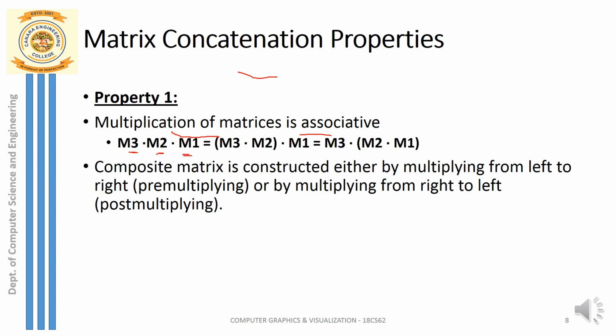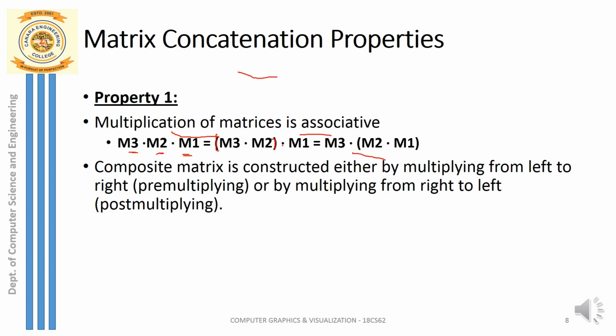So why do you call it associative? When you multiply all three matrices, it is equivalent to multiplying M3 with M2, and then the product of those two matrices you multiply with M1. Still that is equivalent to multiplying M1 and M2 first, and then multiplying that result with the final matrix M3.